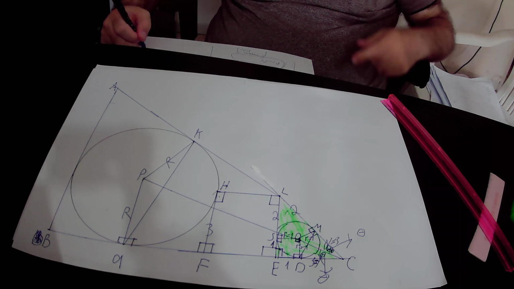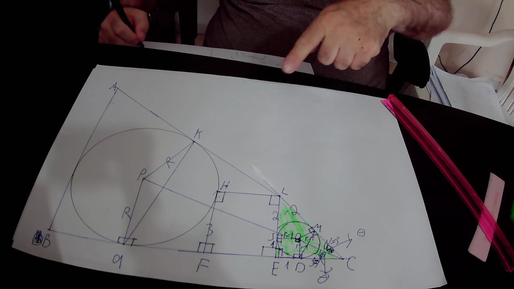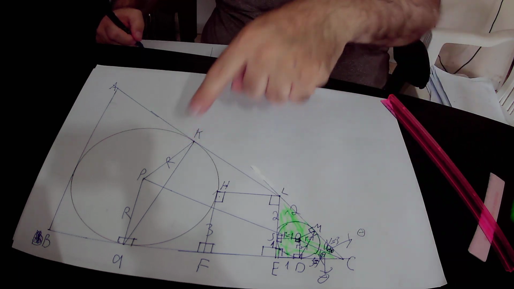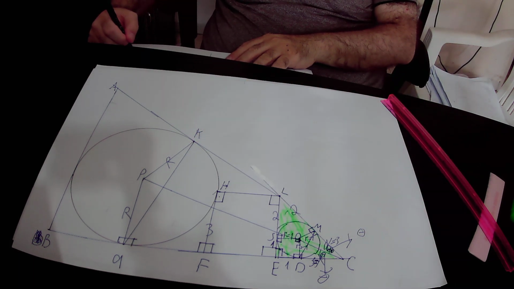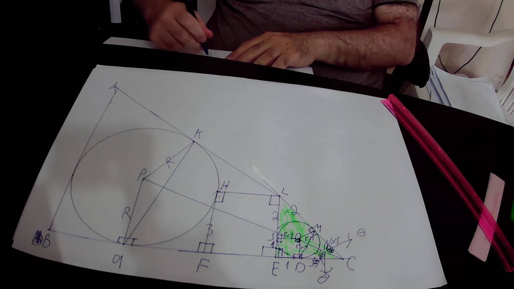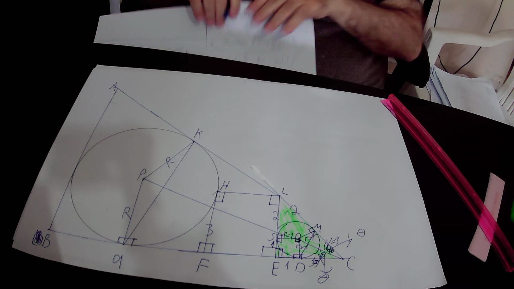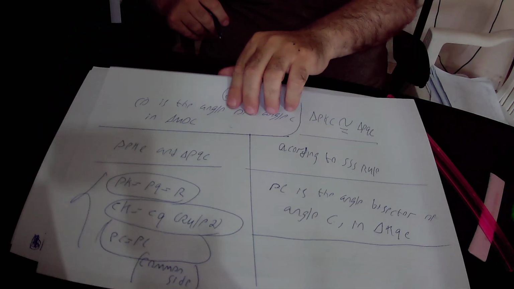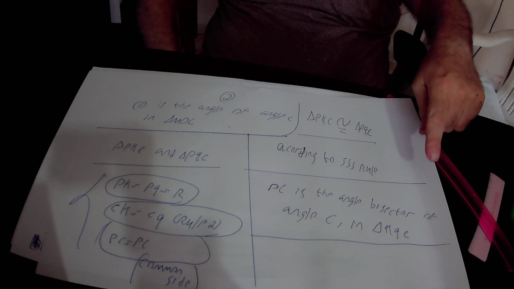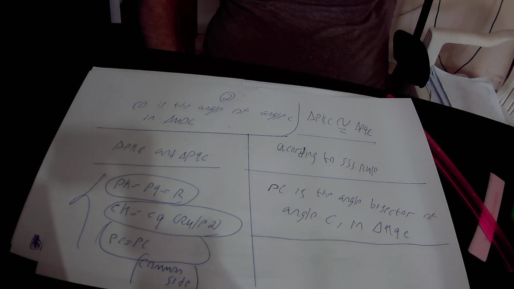Repeat again. PC is the angle bisector of angle C in triangle KQC.